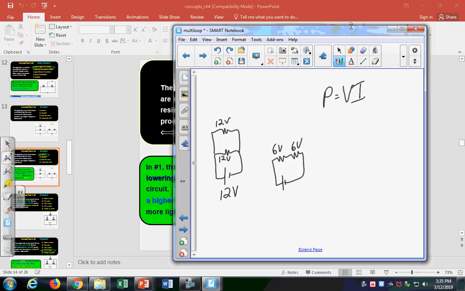So they have a bigger voltage by a factor of 2. So I can put in a factor of 2 right there. But they also have a bigger current by a factor of 2 because they all have the same resistance, all of these resistors. And so my current is also bigger by a factor of 2. So this one on the left is going to have 4 times the power of the one on the right. An individual light bulb or an individual resistor has 4 times the power.